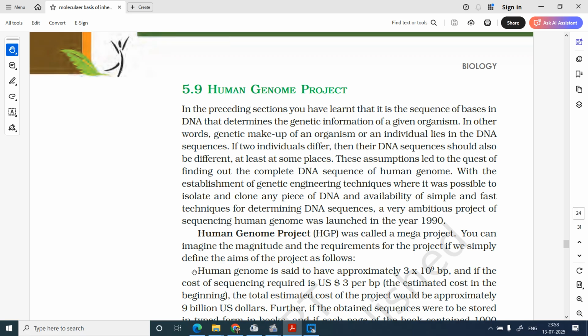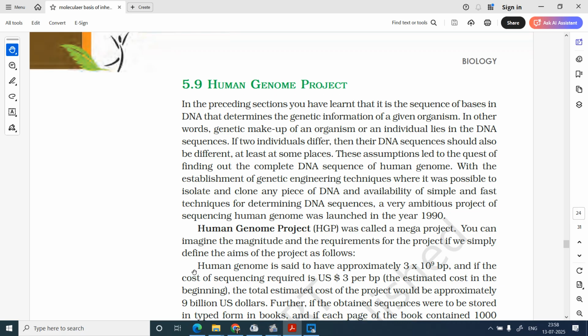These assumptions led to the quest of finding out the complete DNA sequence of the human genome, with the establishment of genetic engineering techniques where it was possible to isolate and clone any piece of DNA, and availability of simple and fast techniques for determining DNA sequences. A very ambitious project of sequencing the human genome was launched in the year 1990.